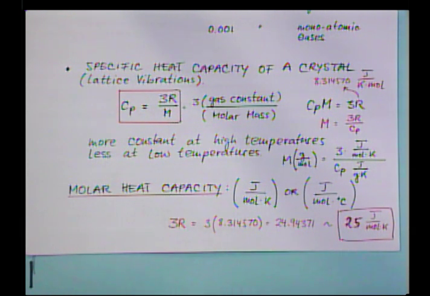So that's called the molar heat capacity. Most solids come up with this number. It is relatively a constant value, but you can't completely go by it because there's some variance. Some are less than 25, some are more. But usually solids, including the metals, which have a metal lattice, will have 25 joules per mole per Kelvin.